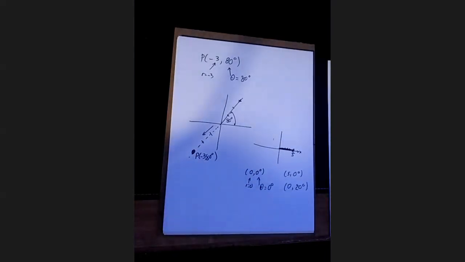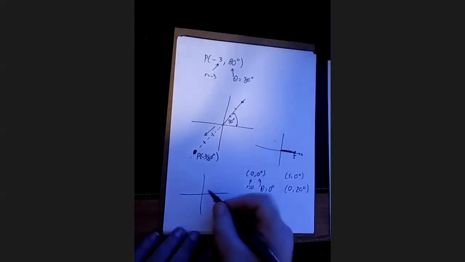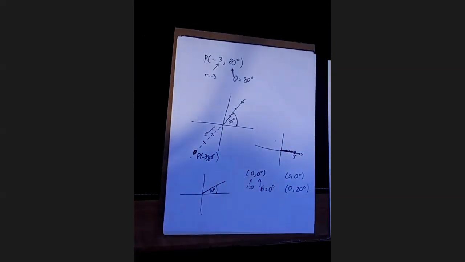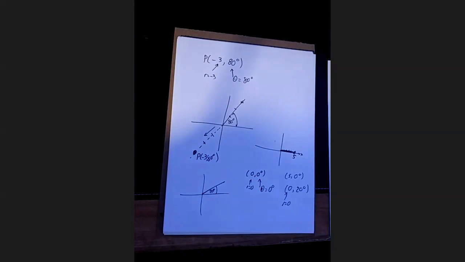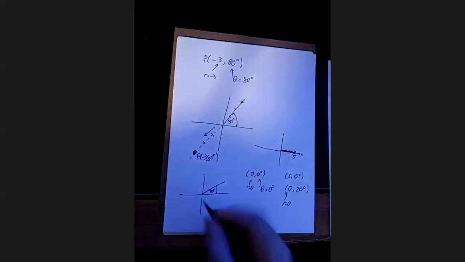You're right about the 20 degree part, so you turn 20 degrees and off you go. Try and visualize that. There's 20 degrees, right? So how far do you go along that 20 degree ray? Just hang out at 0. So where are you? At the origin. You're at the origin.